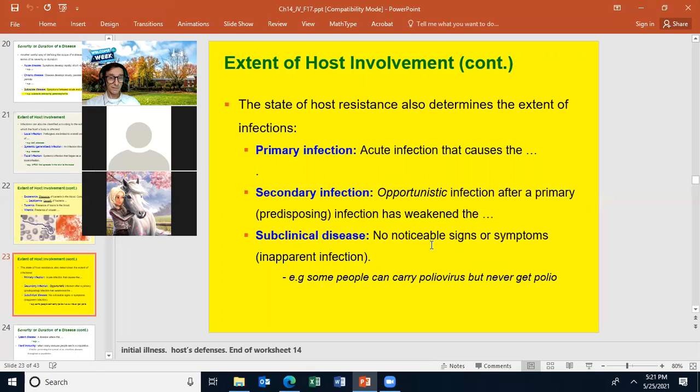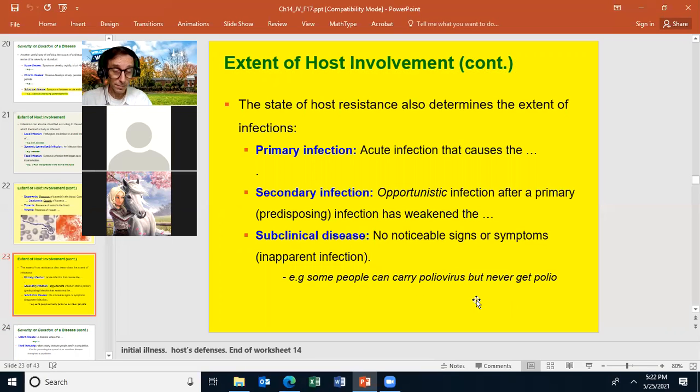A subclinical disease is also called an asymptomatic disease, where there are no noticeable signs and symptoms. So the patient has an inapparent infection and may not know that they are infected. Some people can actually carry the polio virus but never get the polio disease, and they do not know that they have the polio virus, a subclinical disease.